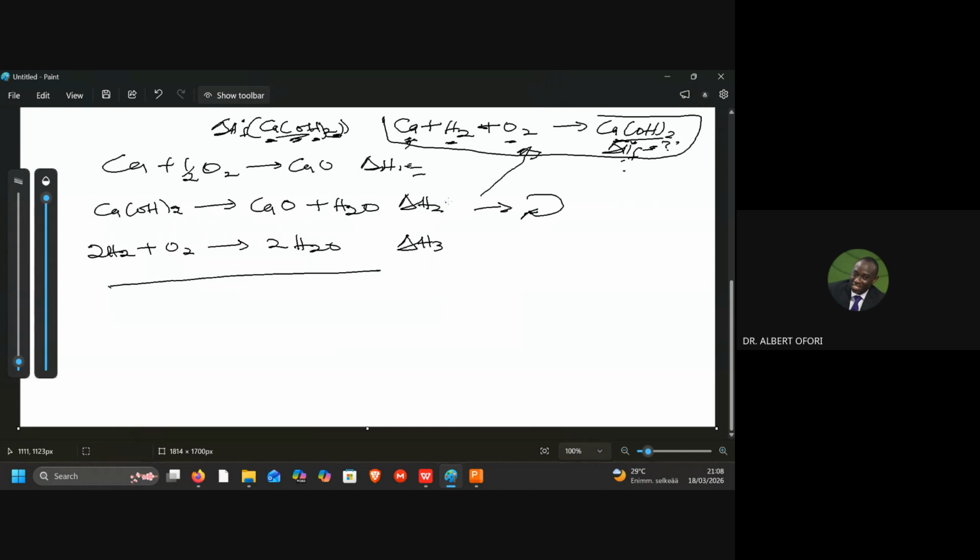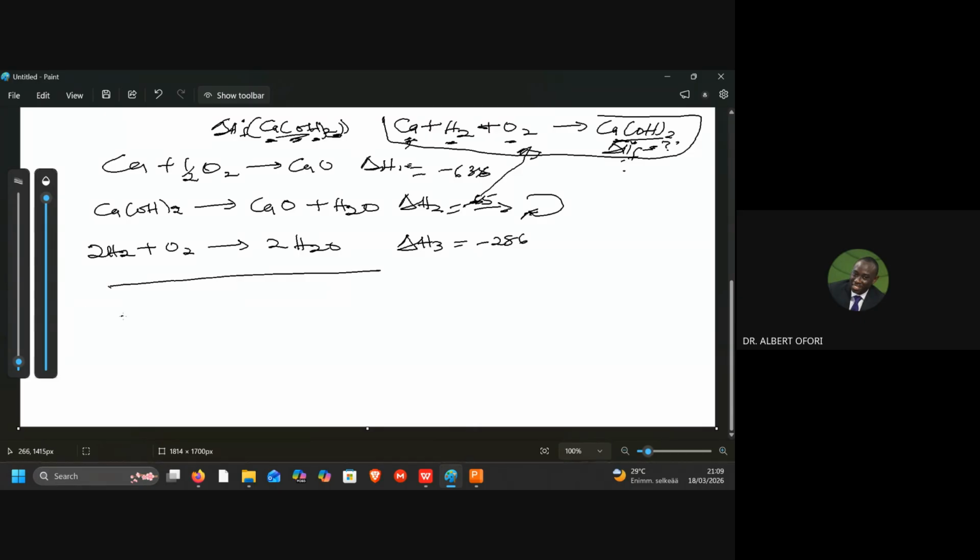Okay, let me put some values here. The value here was negative 65, the value here was negative 365 or 366, and the value here was negative 286. So I need to reverse equation 2.